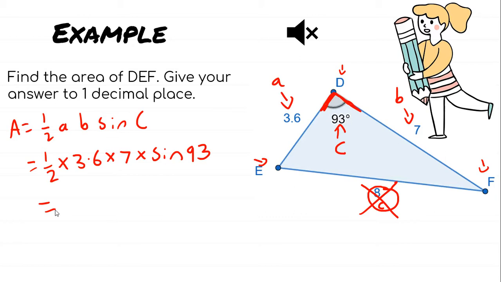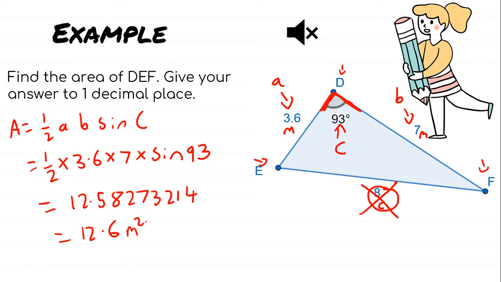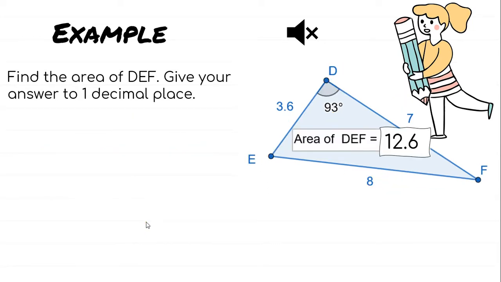I've typed that into my calculator and it's given me 12.58273214. Then we'll round that as it asks us to 1 decimal place. This question's not given us any units, but if we imagine it was meters, we'd give our answer in meters squared. Again, we can see that we've got the answer correct.